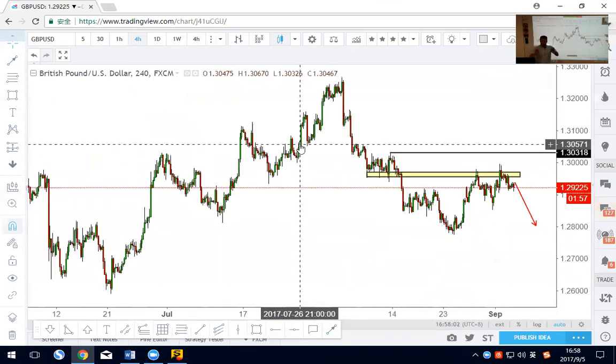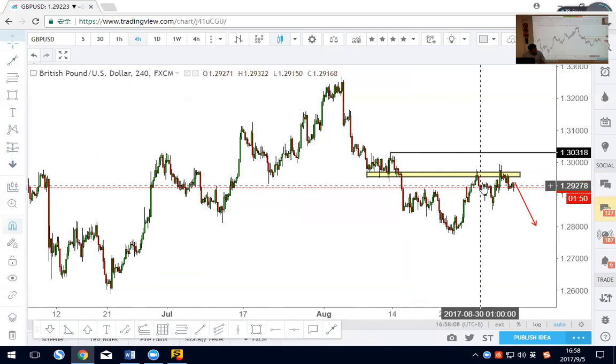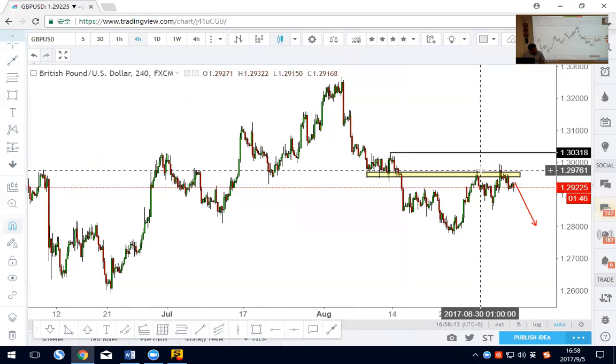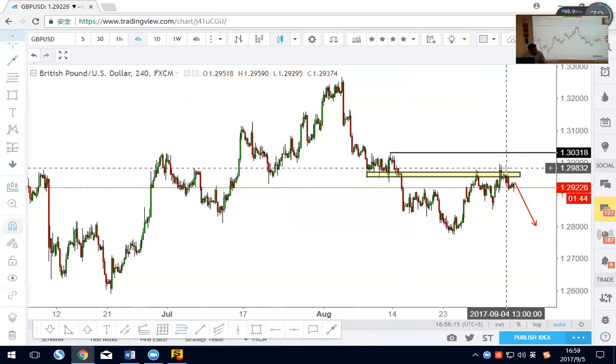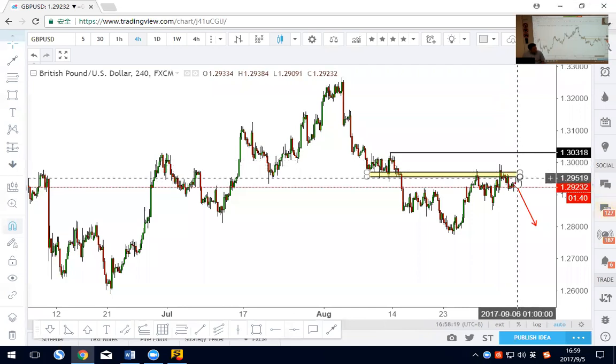So GBP, you want to short from 1.1960. This is a structure breakout and pullback. The buyers tried 2 times but didn't break up. So we want to sell.